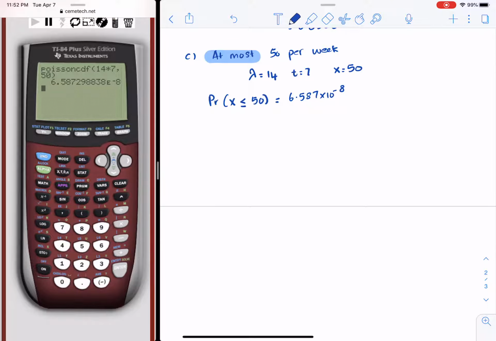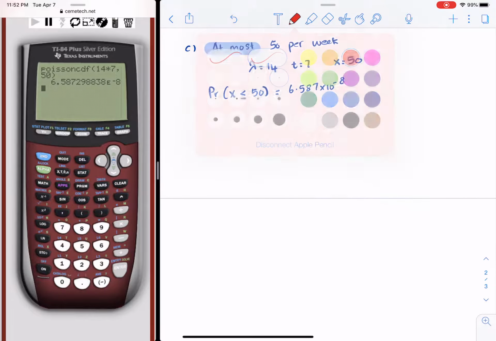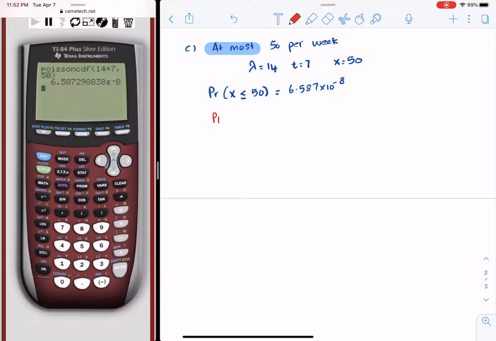And that is a very small value. Now, what if we change the problem and say, for example, probability x is at most 100. Let's see what probability we get.